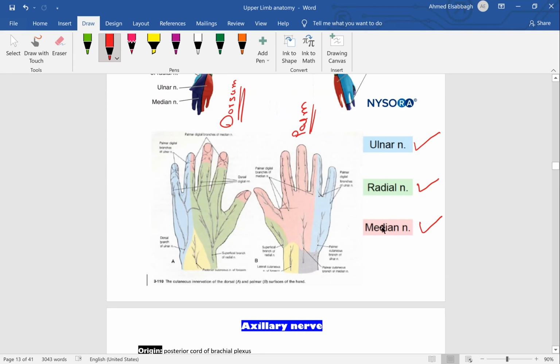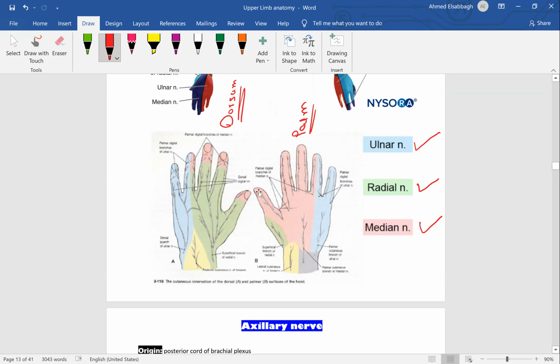This is the median nerve, and its color is red, as you can see, and it supplies the red colored areas in this picture. So this is the palm of the hand. Describe from the picture. Red median nerve supplies the lateral 2/3 of the palm of the hand and the lateral 3.5 fingers on the palmar surface of the hand.